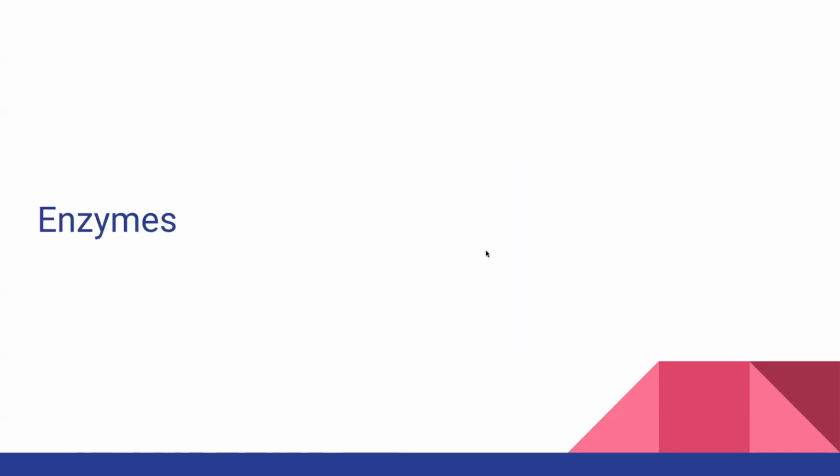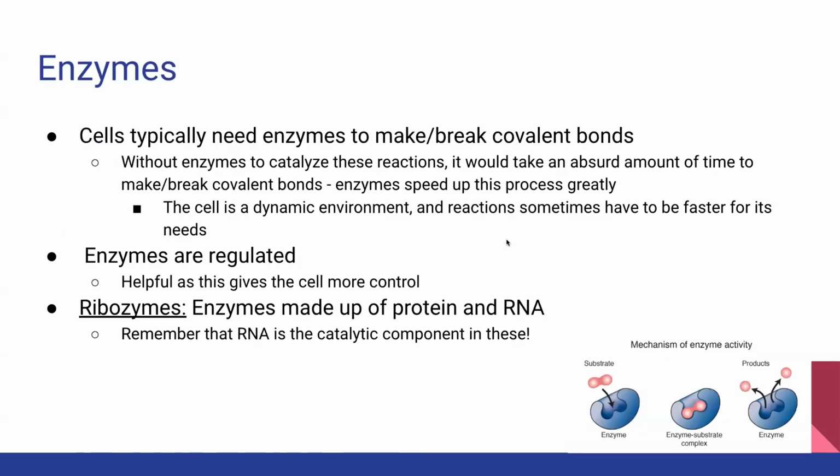Okay, next, we're gonna just quickly go over enzymes. So, enzymes are needed in the cell to make and break covalent bonds because covalent bonds are so strong, it's gonna take a lot of energy to break them. So without these enzymes to catalyze these reactions, it will take a very long time. And as I'm sure Laura has emphasized in the class, the cell is a very dynamic environment.